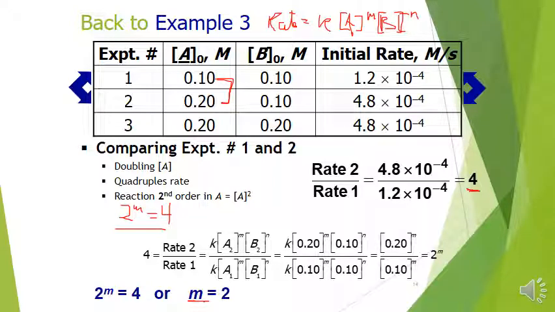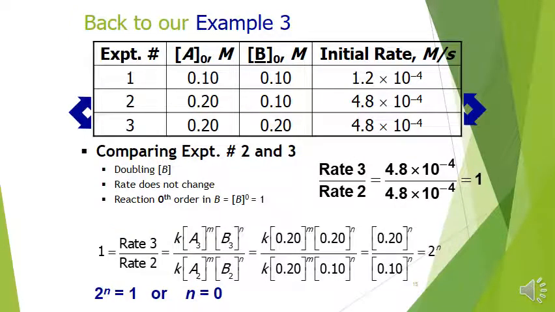All right. Okay, so hopefully that's simple enough to see how that works. And for B, we'll do it similarly. Let's see what happens to B. So now what we do is double B, hold A constant, and look at what happens to the rate.